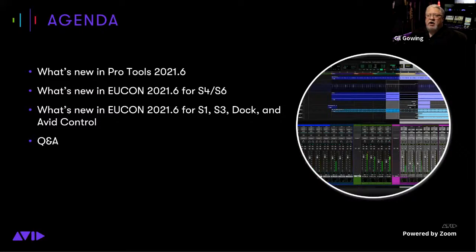So, quick agenda, like I said up front, we want to take you through what's new with our latest release that came out a couple weeks ago, Pro Tools 2021.6, as well as what's new in EUCON 2021.6 for S4 and S6, and what's new in EUCON 2021.6 for S1, S3, Dock, and Avid Control.